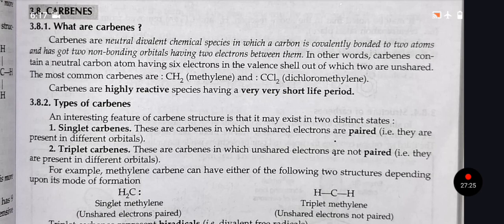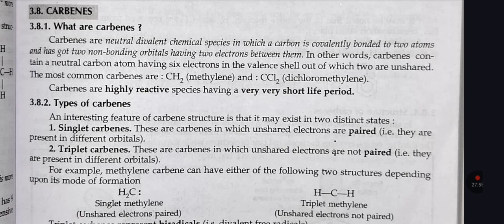Carbenes. What are carbenes? Carbenes are neutral divalent chemical species in which a carbon is covalently bonded to two atoms and has two non-bonding orbitals having two electrons between them. In other words, carbene contains a neutral atom having 6 electrons in the valence shell, which makes it unstable.